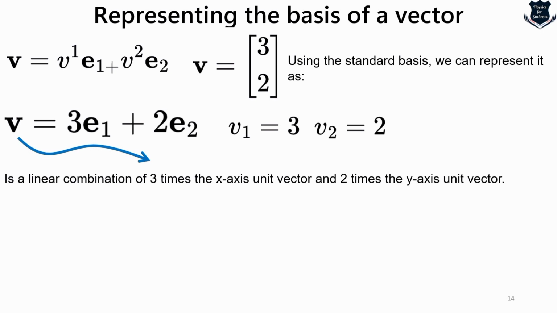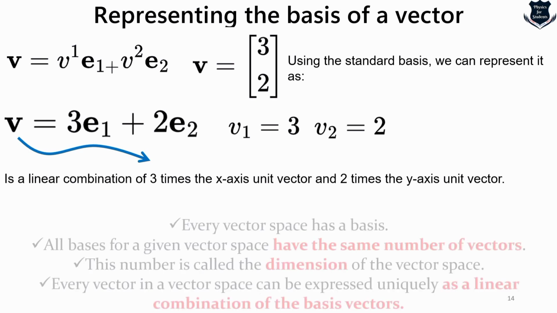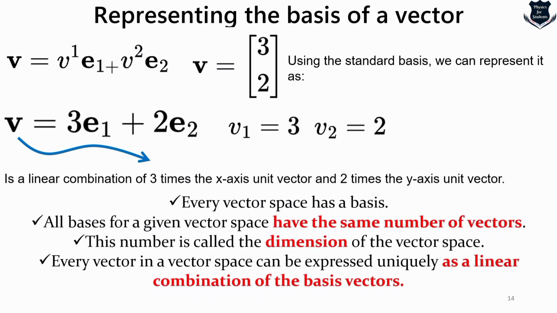As far as this part of the video is concerned, I hope that things are clear, but when we deal with representing the basis vector, a few important points come up. Remember: every vector space has a basis.